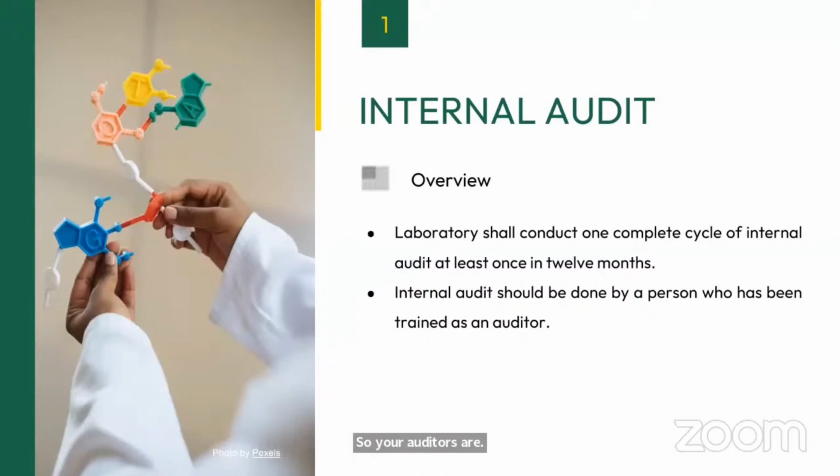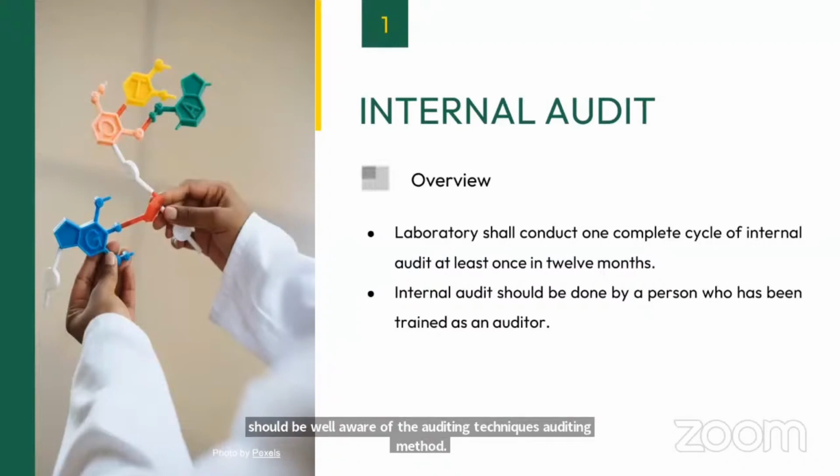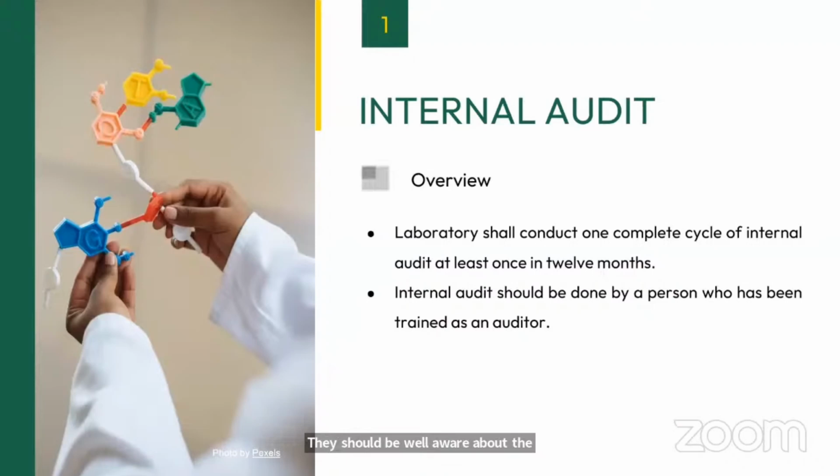Auditors who are conducting the internal audit of the laboratories should be trained as per those guidelines. They should be well aware of the auditing techniques, auditing methodologies. They should be well aware of the guidelines, protocols, routine workflow of the laboratory. They should have competence and technical knowledge.